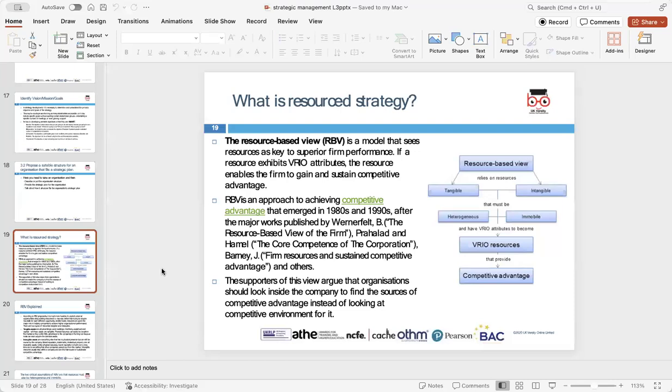These are easily acquired by competitors, which means they offer little long-term advantage. But intangible resources such as brand reputation, normally called goodwill, or intellectual property and organizational culture are difficult for competitors to replicate. These intangible assets often become the foundation of a company's sustained competitive advantage as they cannot be easily bought or copied.